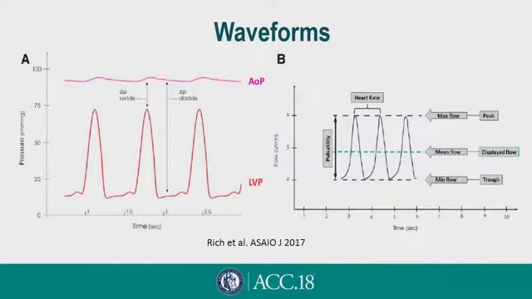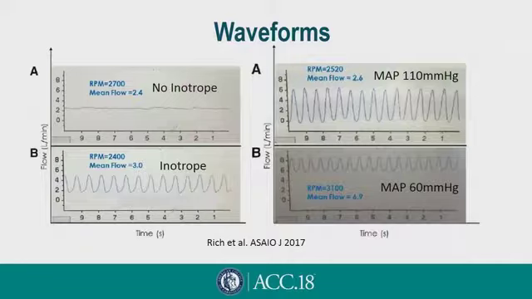Another unique issue with devices is waveforms, and waveforms provide important information on pump control. Here's an example of waveforms from the Medtronic HVAD device. These are very informative and help with clinical management. On the left panel, you can see a situation of low pulsatility, and inotropes are reintroduced into the patient.